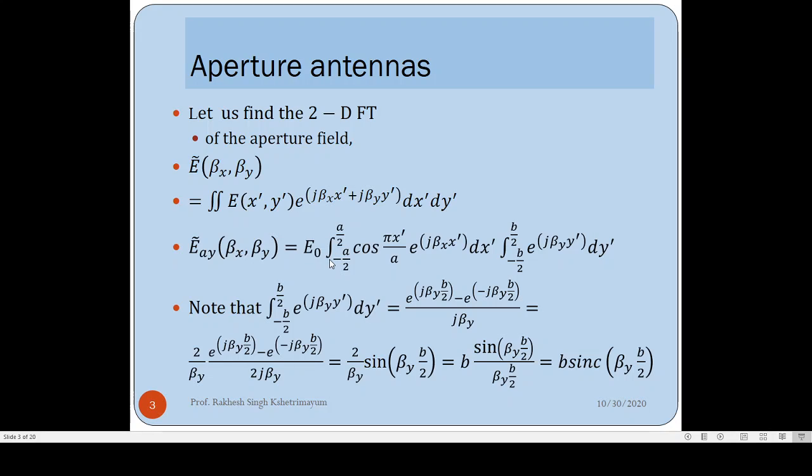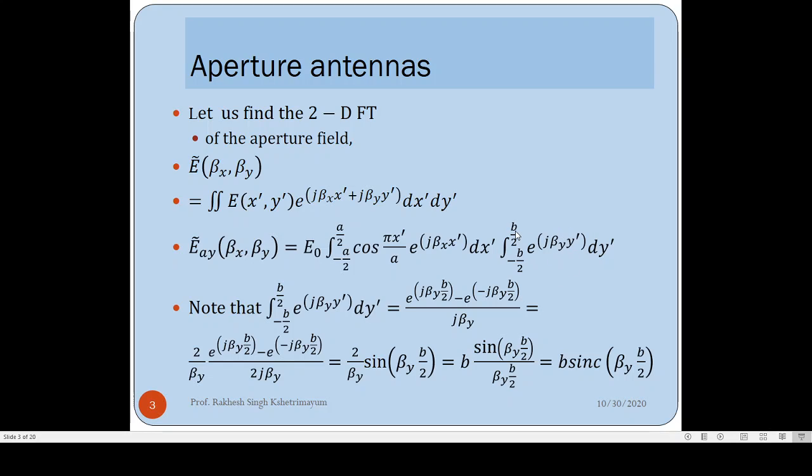This is from minus a by 2 to plus a by 2. So this 2D Fourier transform was for minus infinity to plus infinity, but our field is confined between minus a by 2 to plus a by 2, minus b by 2 to plus b by 2. So the integration will be from minus a by 2 to plus a by 2, minus b by 2 to plus b by 2.